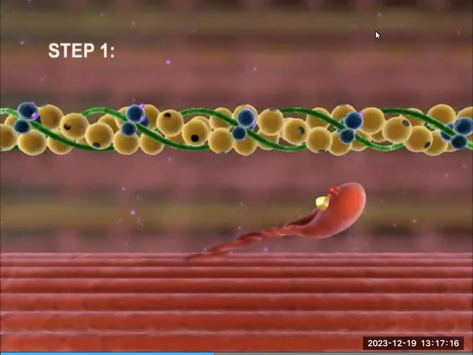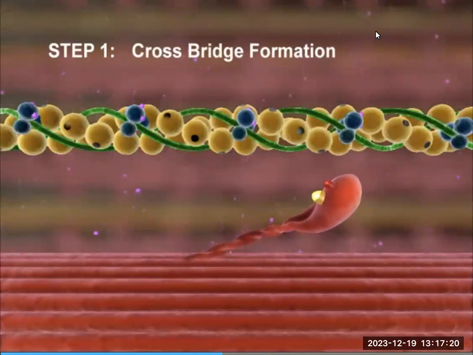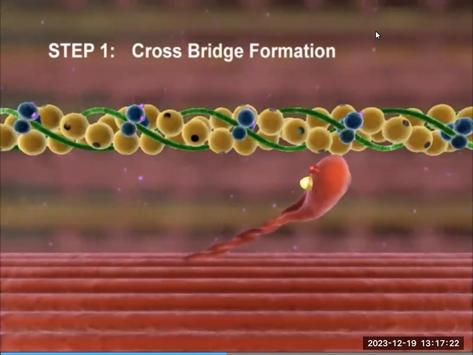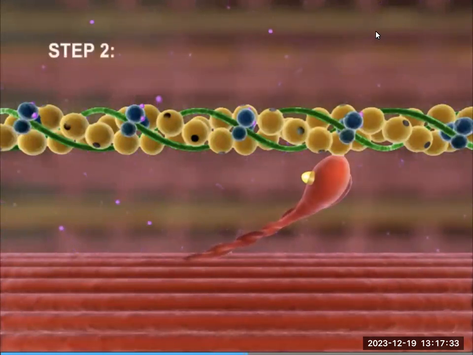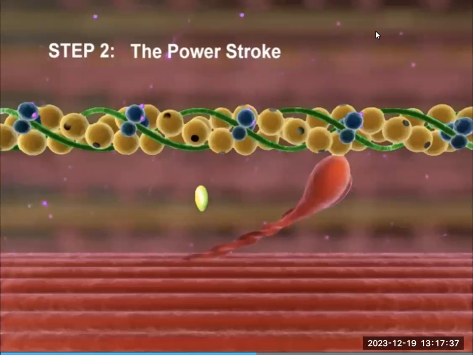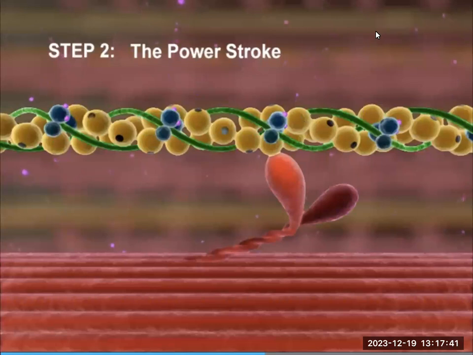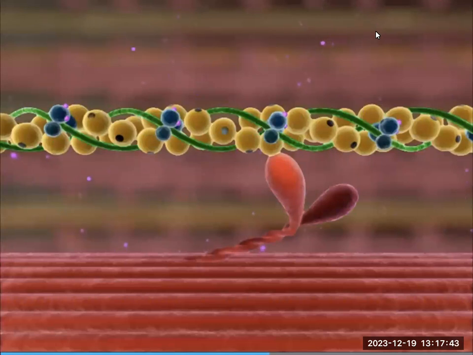So for our cross bridge cycle, step 1, form that cross bridge. Myosin is going to bind to actin. We release that phosphate when we bind. Step 2, that power stroke. The energy that we created from breaking up ATP allows that myosin head to do a power stroke.